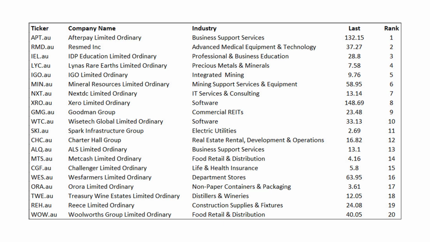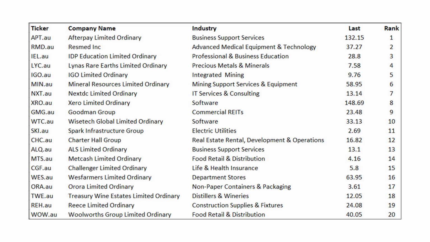But what we want to do is measure the price momentum of all the symbols over a certain period of time, and then we compile those readings from the highest momentum all the way down to the lowest one. You can see here, Afterpay is at the top, ResMed is second, and IDP Education is third, and so on and so forth.